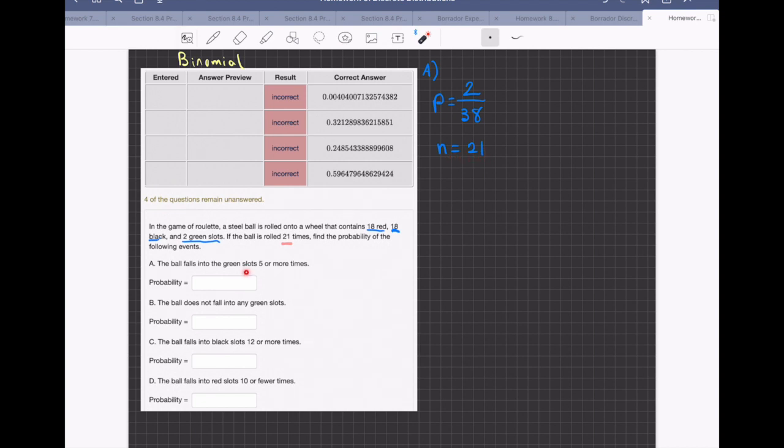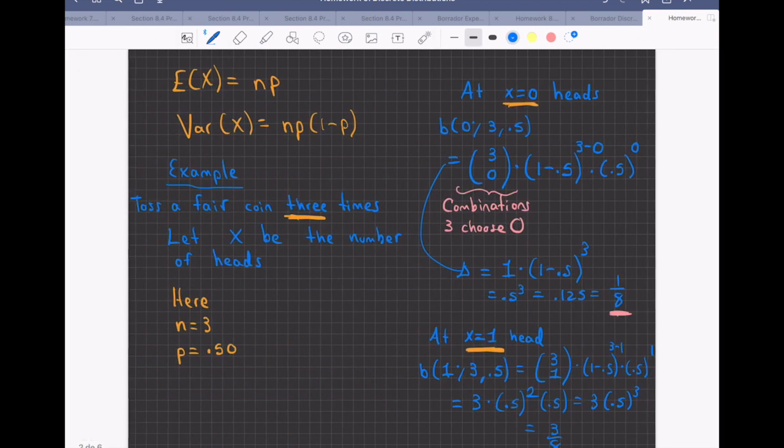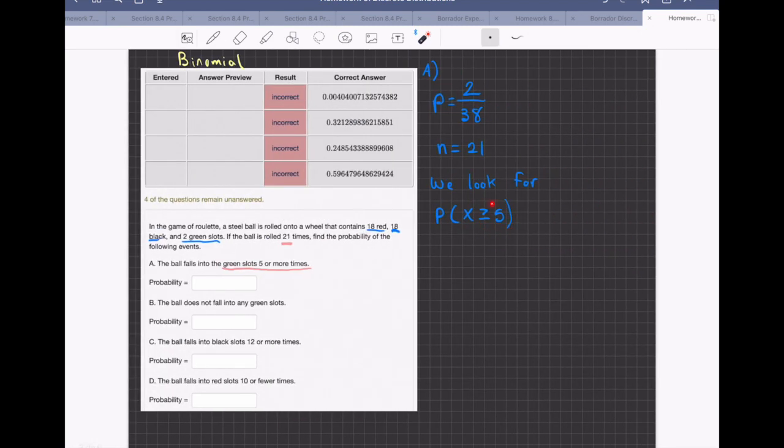But the question here is probability of green slots 5 or more times. So essentially here, we look for probability that x is greater or equal than 5. How can we compute this if we're using the formula? Well, if you want to use the formula, you will have to substitute x equal to 5, 6, 7, 8, 9, 10, 11, 12, and so on up to 21.